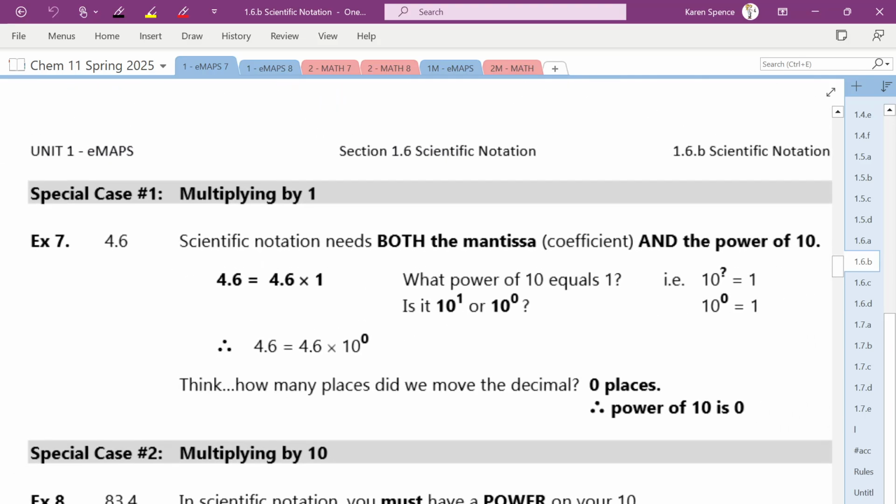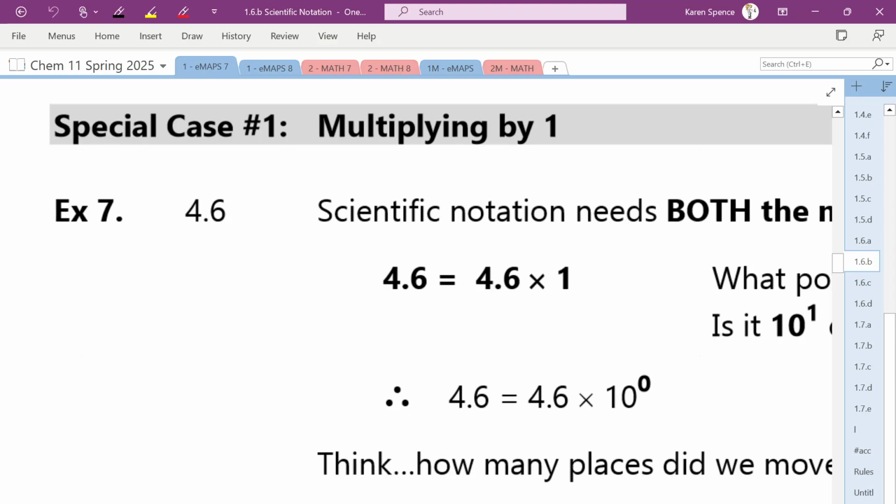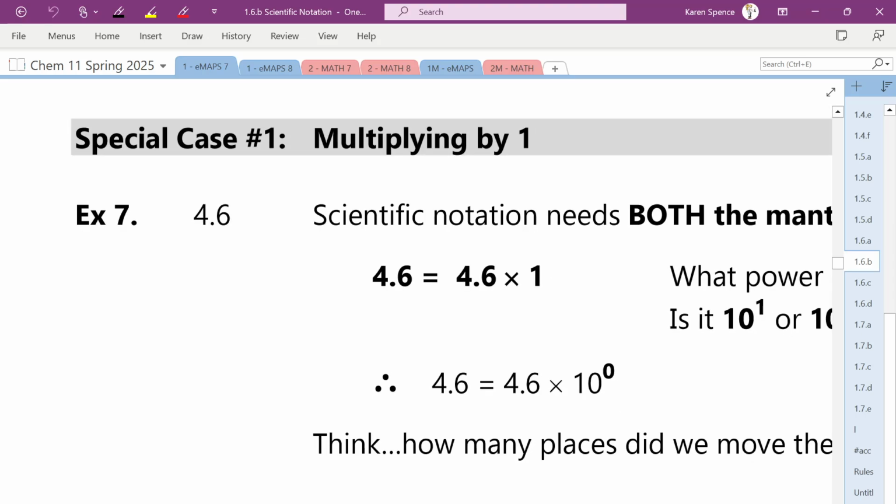Multiplying by 1. Now, if you wish to express the number 4.6 in scientific notation, you still need times 10 to the something. Okay? So in this case, you just want 4.6, so it needs to be 4.6 times 1, right?